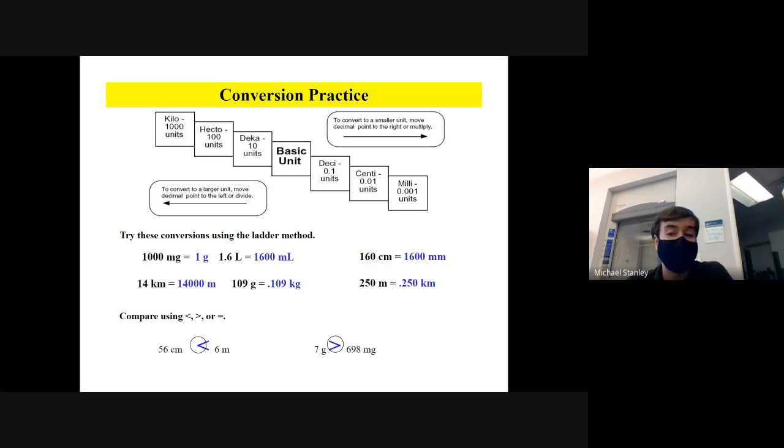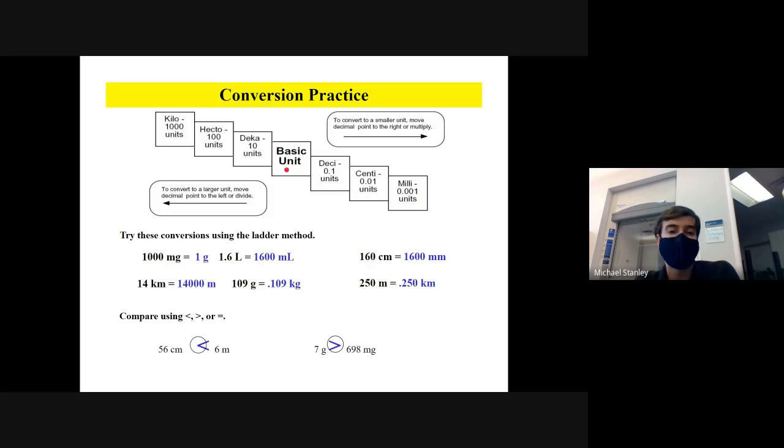Sometimes you may have a number that already has a decimal point in it, which is handy dandy, like this guy right here. This is trying to tell us that 1.6 liters is the same thing as 1,600 milliliters. So I want to see if that's true. So we're going to go from liters, which is one of our base units, to milliliters, and milli is down here.